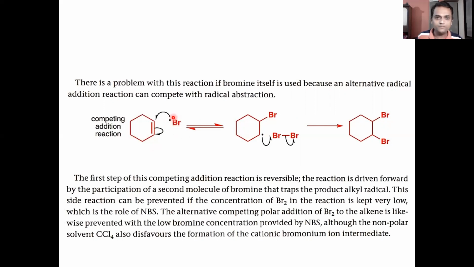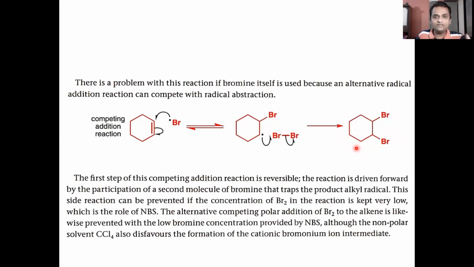If the first Br radical combines with this carbon atom, this step is reversible. There is a formation of that radical. That radical again takes a second bromine from the bromine molecule, and bromination takes place. So there is a formation of the 1,2-dibromo compound.